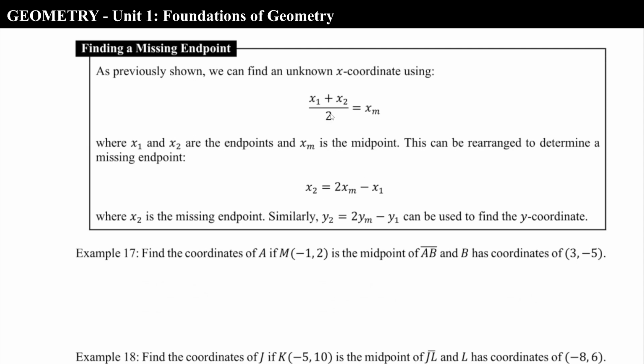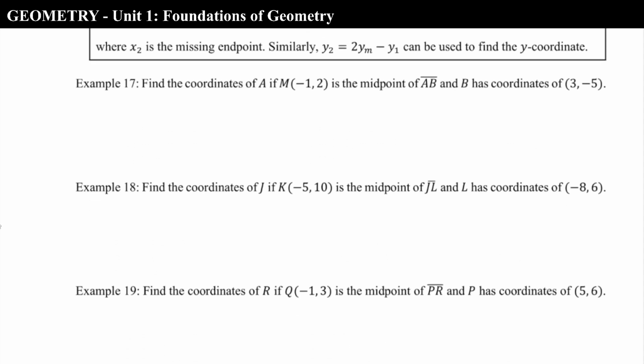Okay, if we multiply each side by 2, we get 2xm, and then we subtract x1 from each side, you get 2xm minus x1. So this can be used to find your missing coordinate, x2, your missing endpoint, if you know what the midpoint is and what the other endpoint is. This can also be done with y.